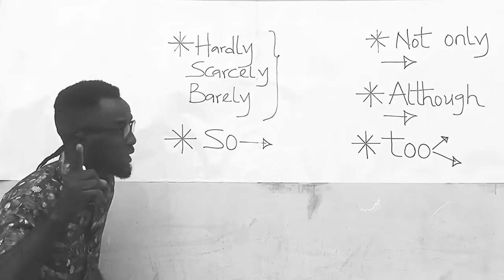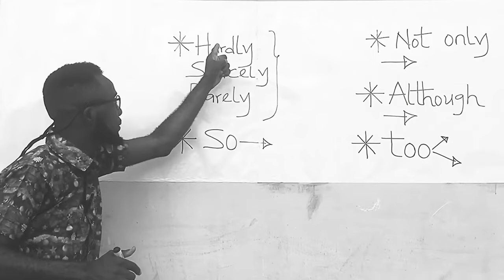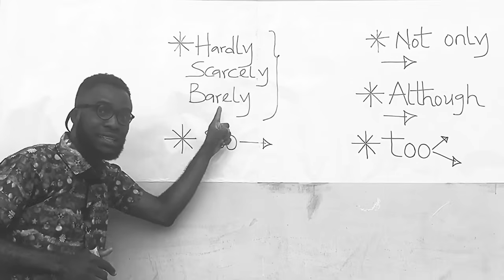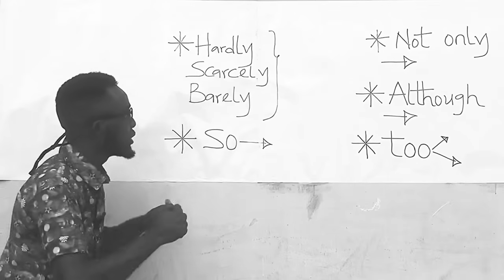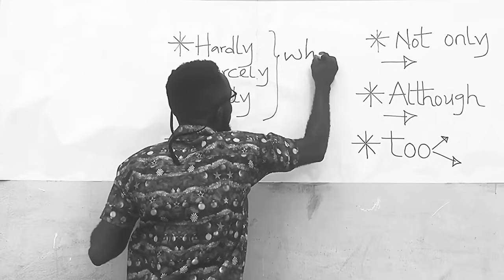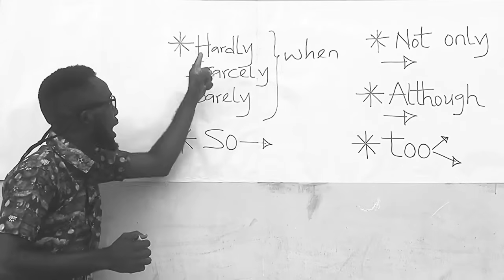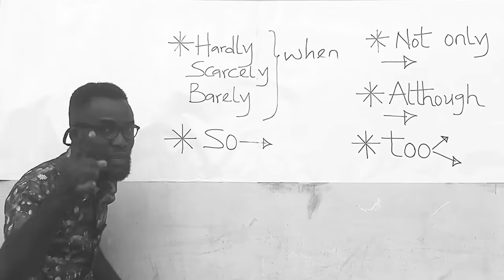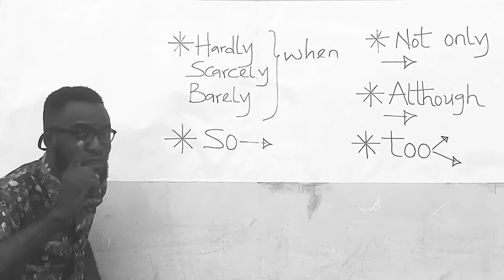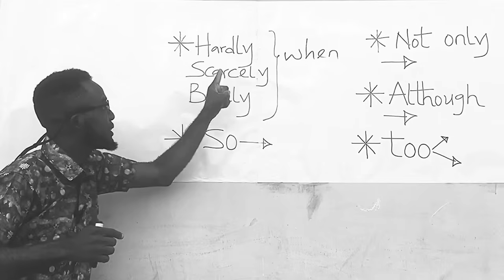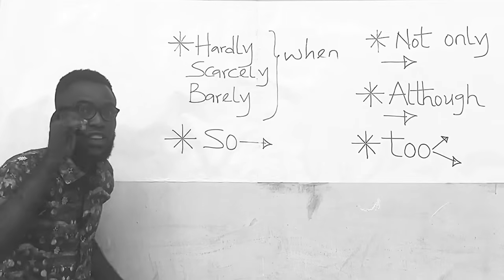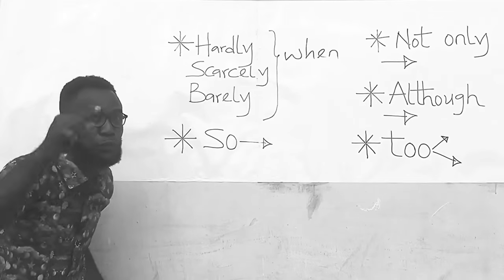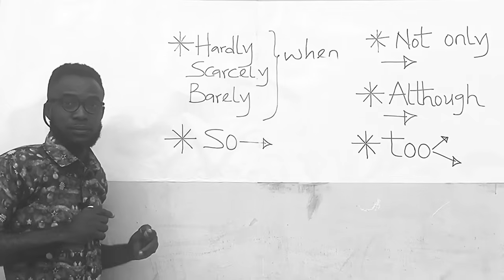Please note that the word hardly, scarcely, or barely collocates with the word when. Hardly, scarcely, or barely when. This means that if a question contains the word hardly, scarcely, or barely, then the gap in the question should be filled with the word when.